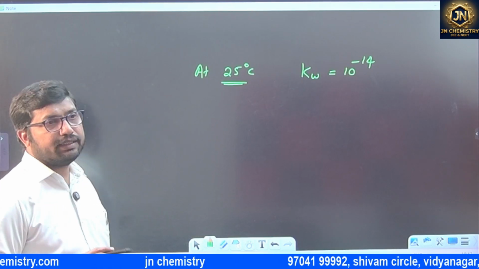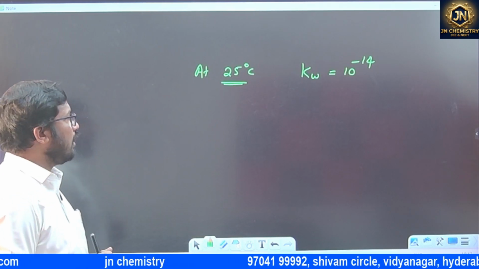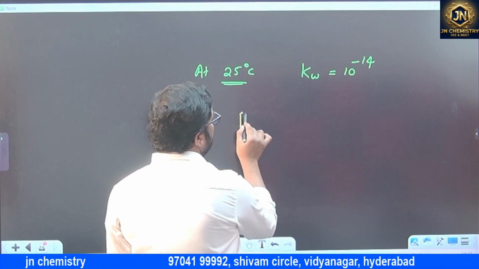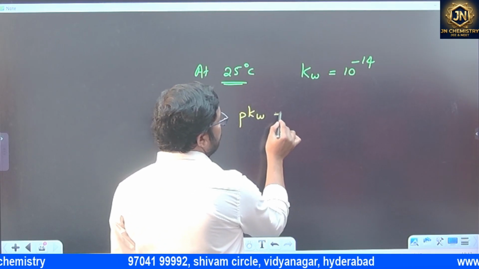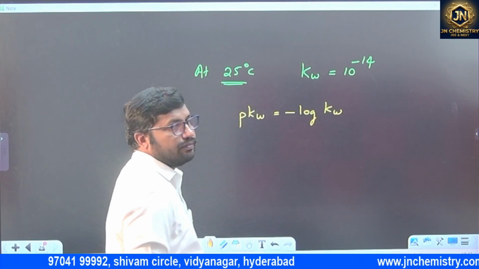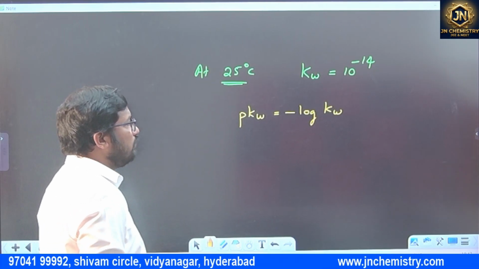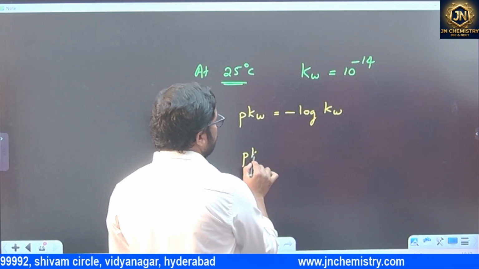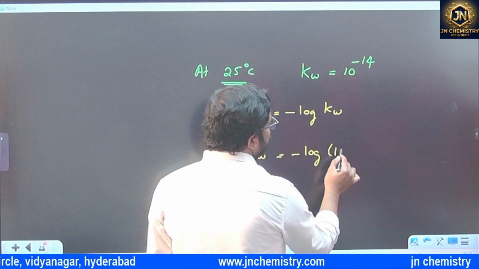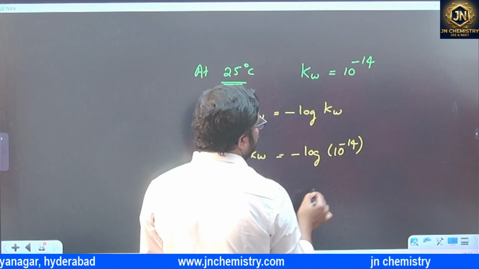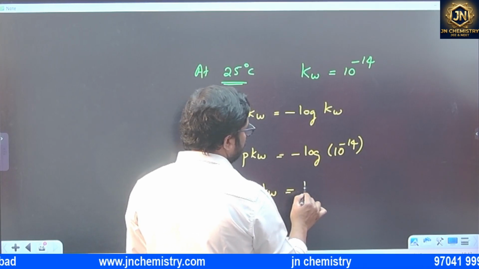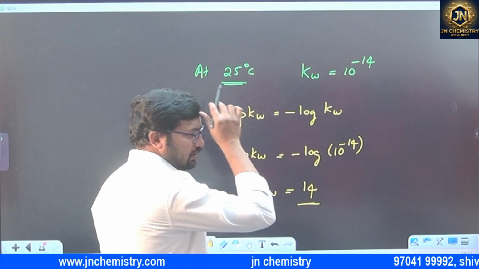So, for example, pKW is nothing but minus log KW. pKW is equal to minus log of 10 to the power of minus 14. So pKW is equal to 14.